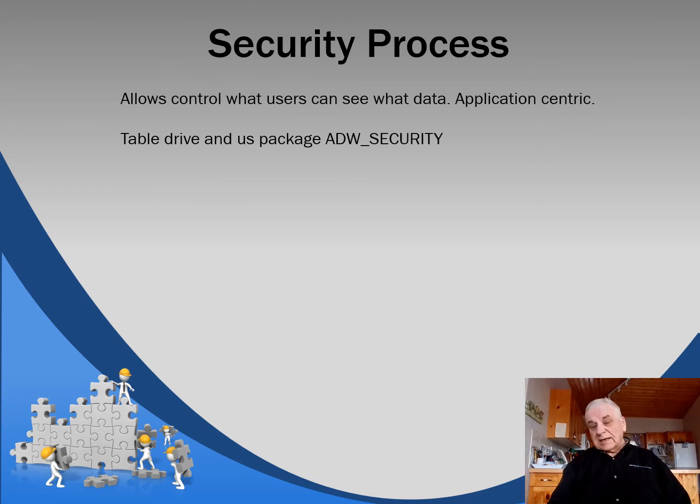Now, what we didn't have in our warehouse, which I strongly recommend never putting into a warehouse, is HR data, because it is very confidential. But if you have confidential data, you can lock it out so that only certain people can access it. I recommend probably splitting part of that data out into a separate warehouse and controlling who can access it. But it's table driven and uses a package AW security. Fairly straightforward.